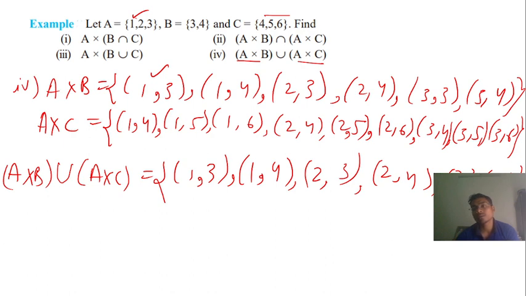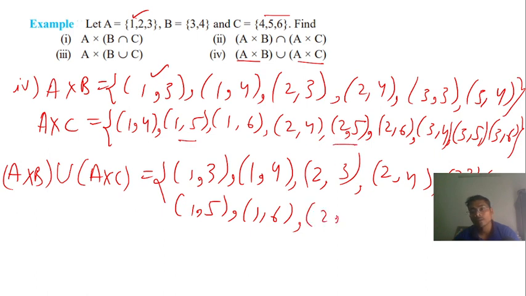So we will not close it because we had not completed our set. Okay, 1 4 is written, 1 5 is not written, so we will write 1 5. 1 6 is also not written. 2 4 is written, so we'll write 2 5 and 2 6.